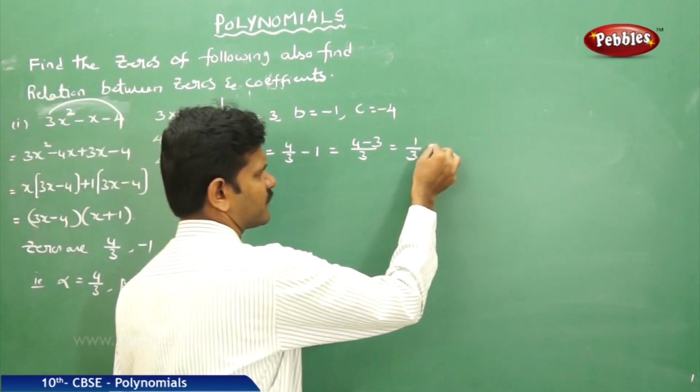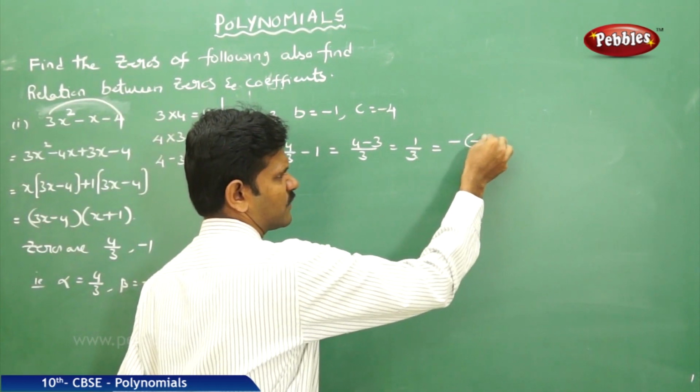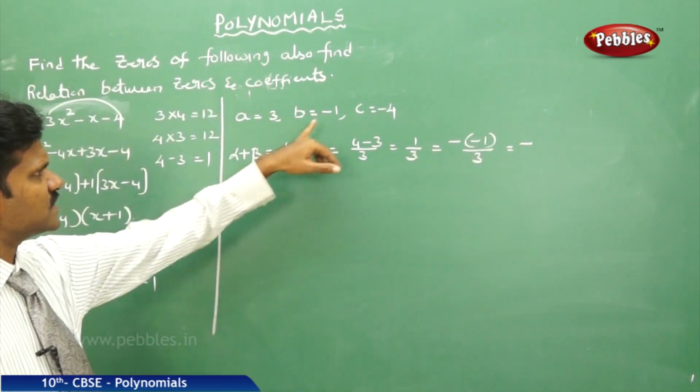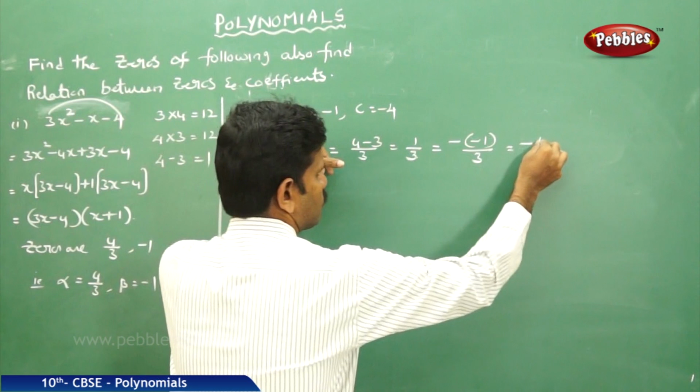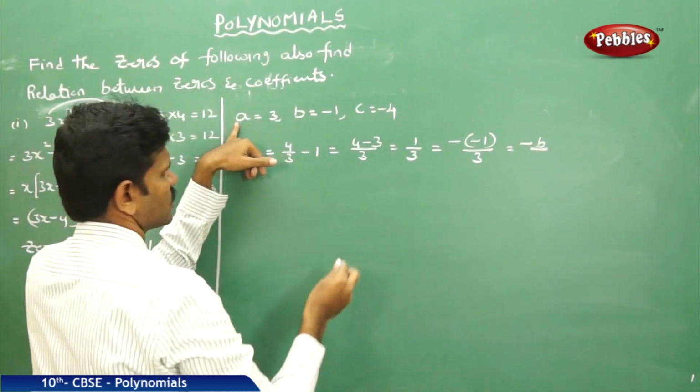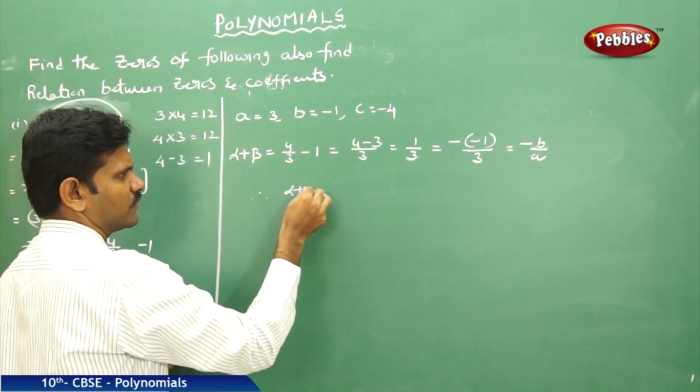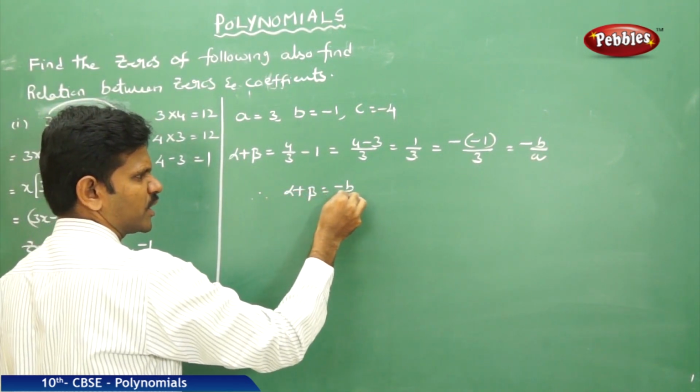Now this 1 I will arrange as minus of minus 1 by 3, that is minus 1, nothing but b, by 3, nothing but a. Therefore what I understand is alpha plus beta is equal to minus b by a.